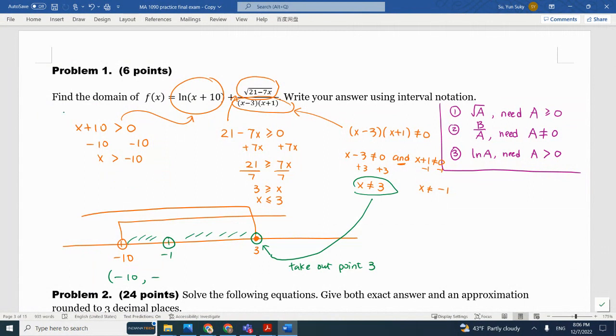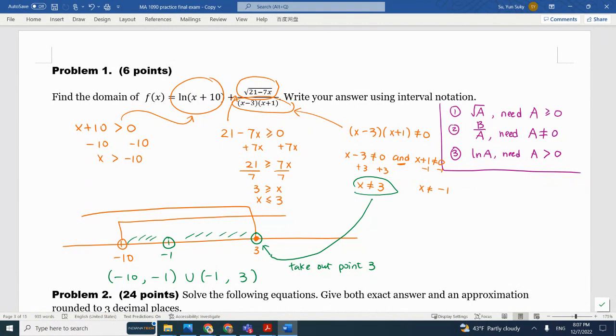And then keep going, negative 1, not include the endpoint, parentheses. Union, negative 1, not include the endpoint, parentheses. And then go up to 3, not include the endpoint, so parentheses. So this is our answer for problem 1.